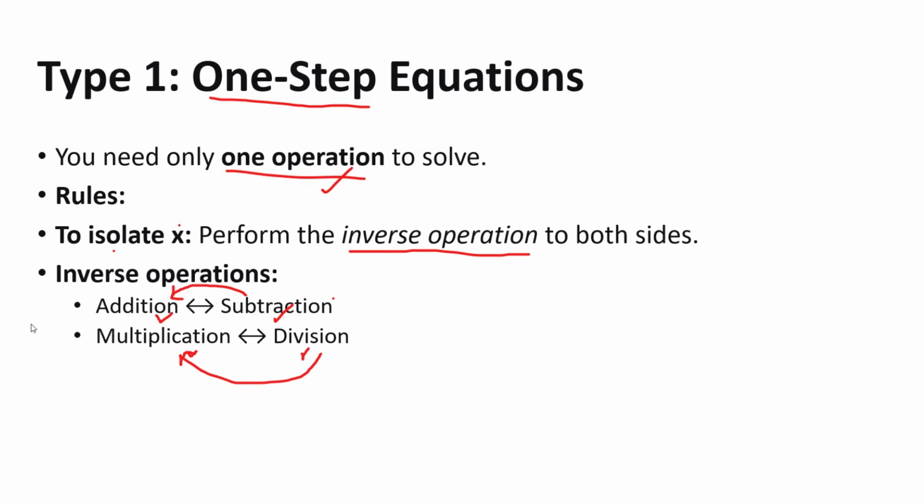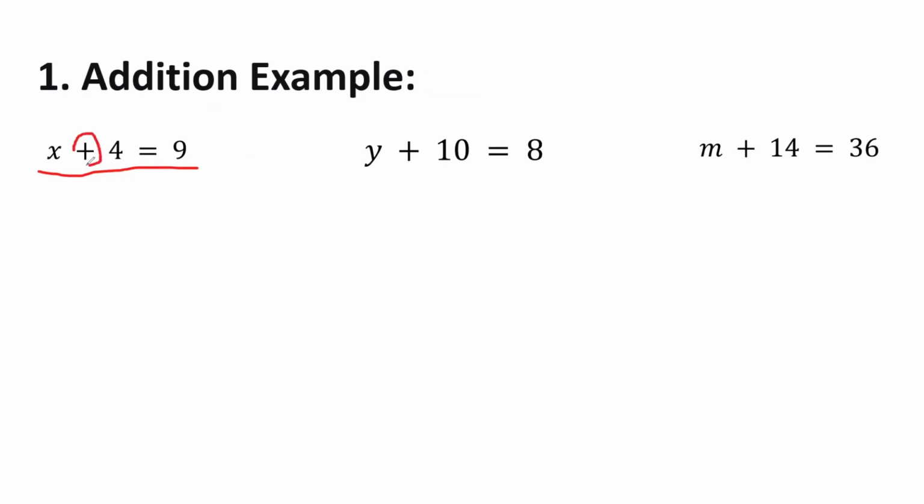Right? So let's do the examples. First one, addition. In this equation, you have a plus operation, so we have to do the inverse one, which is subtraction, on both sides.